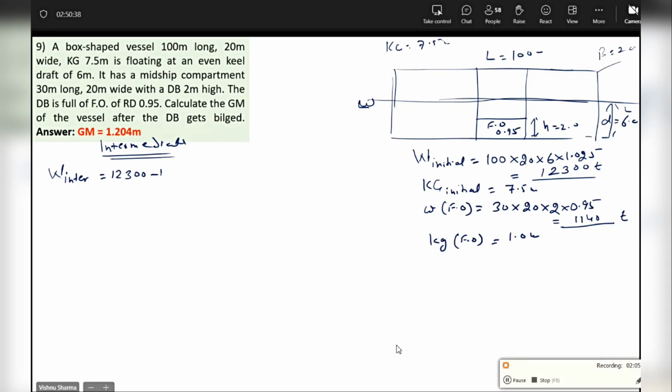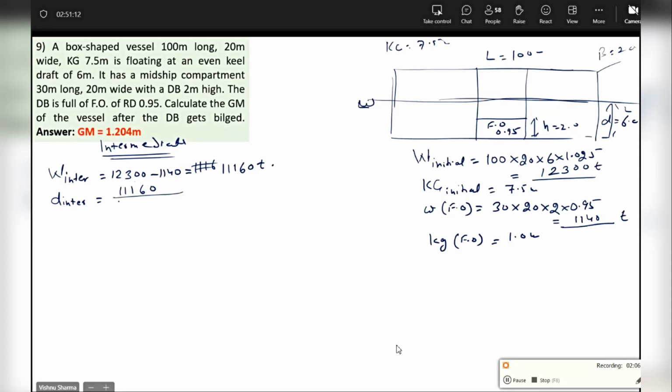How much does it come to? 11160 tons. Okay.